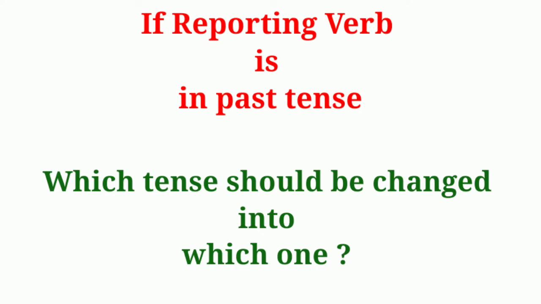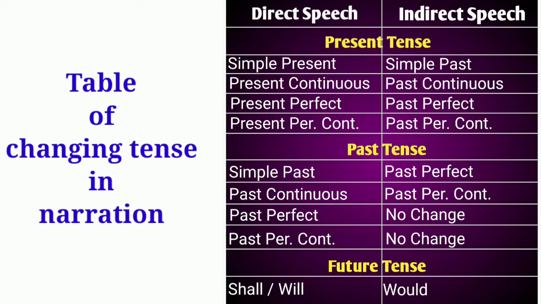For this, we have made a table, and let's observe the table. First, fulfill the condition. What is the condition? Reporting verb should be in the past tense. Afterwards, the change of tense should take place like this: simple present to simple past, present continuous to past continuous, present perfect to past perfect, present perfect continuous to past perfect continuous, simple past to past perfect, past continuous to past perfect continuous, past perfect no change, past perfect continuous no change, and in future tense, in place of shall, will, we'll write only would.